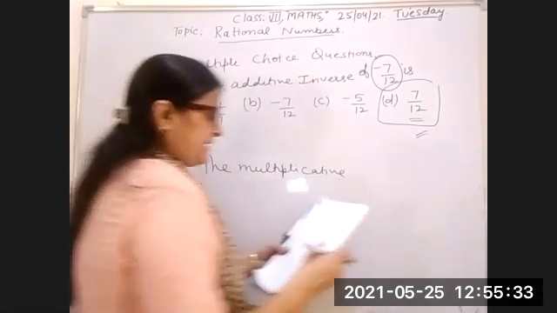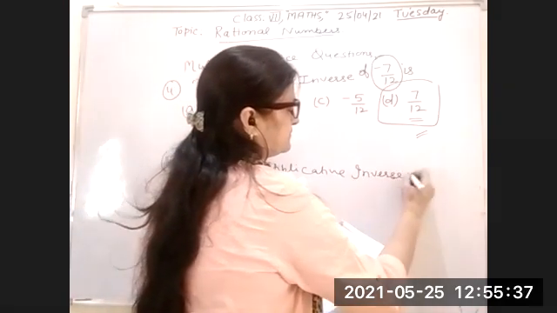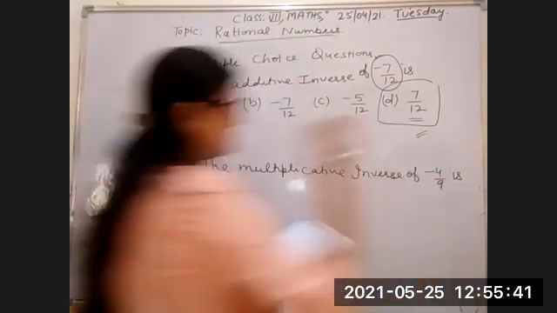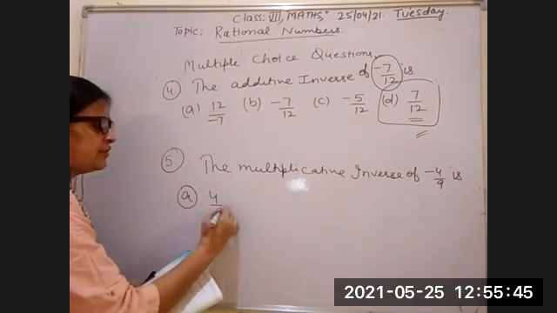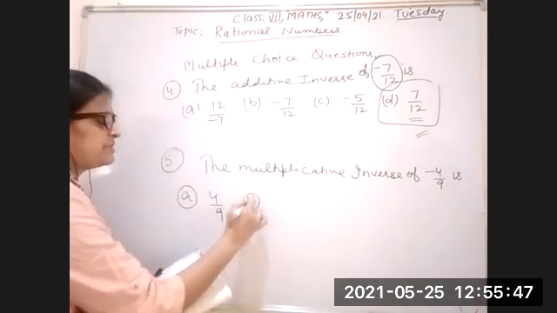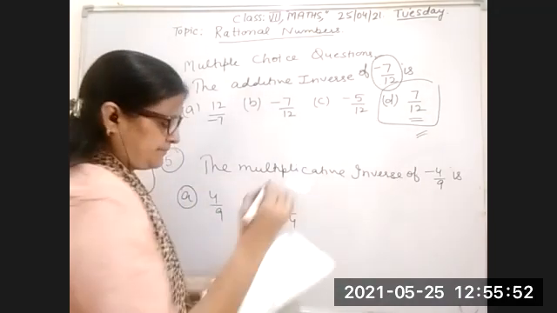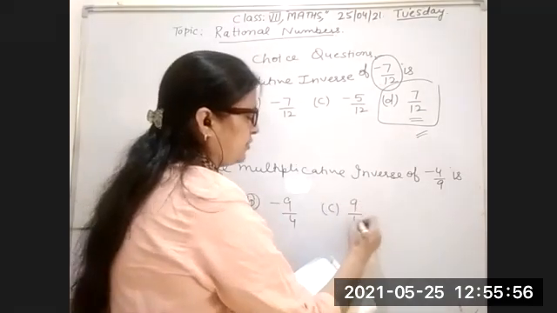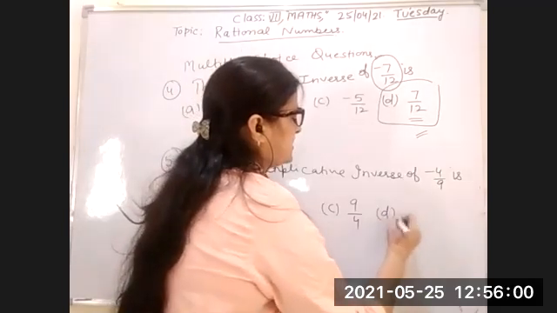The multiplicative inverse of -4/9 is: A option is 4/9, B option is -9/4, C option is 9/4, and D option is none of these.